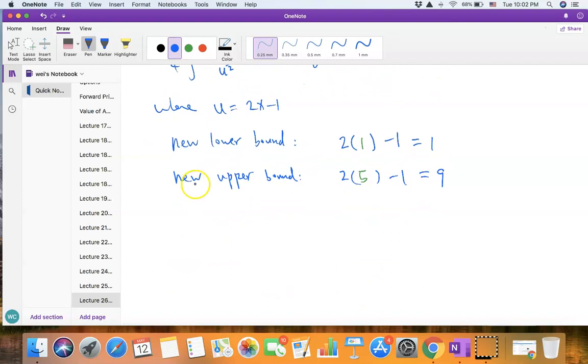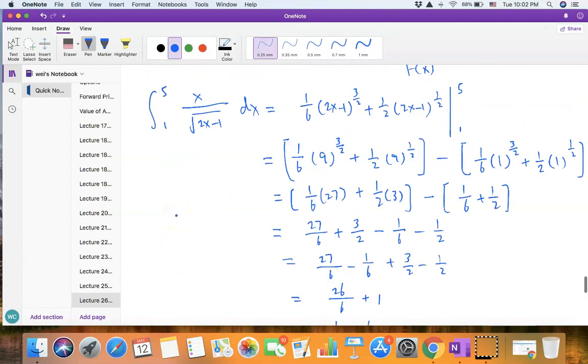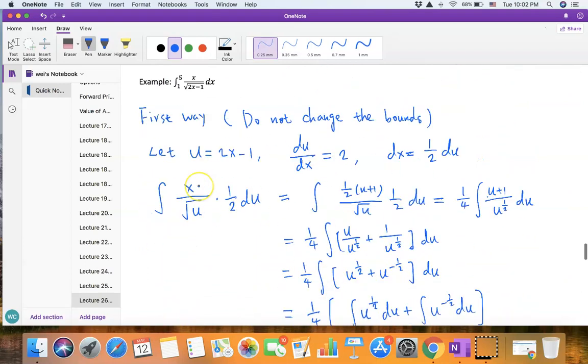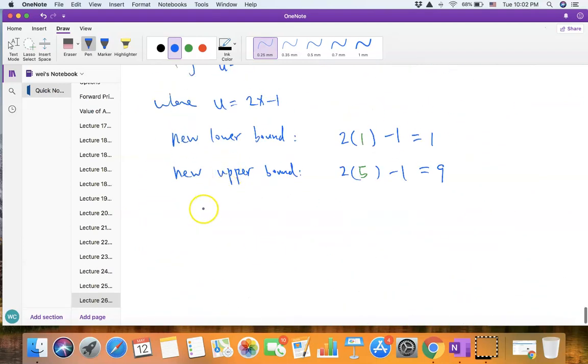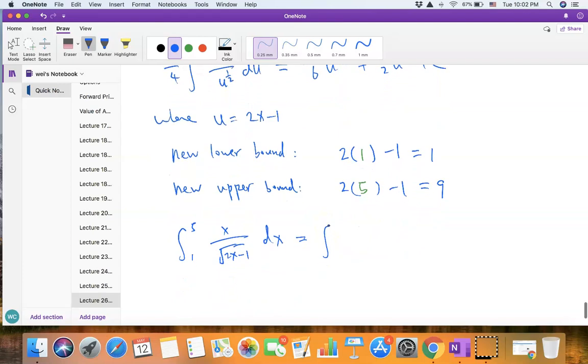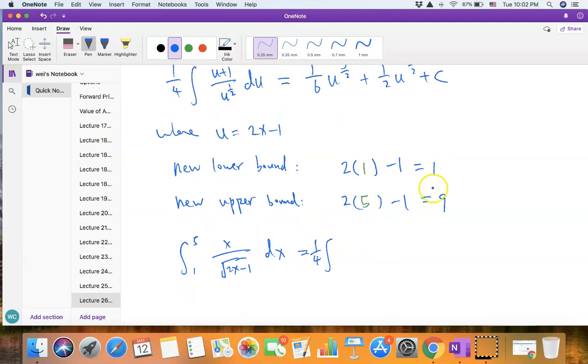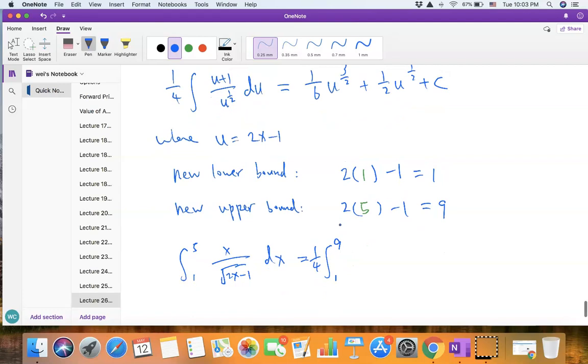So after we do the u substitution, we can rewrite the original definite integral into a new definite integral. Now this definite integral is written in terms of u, and the lower bound is 1 and the upper bound is 9, and the function inside the integral is this.